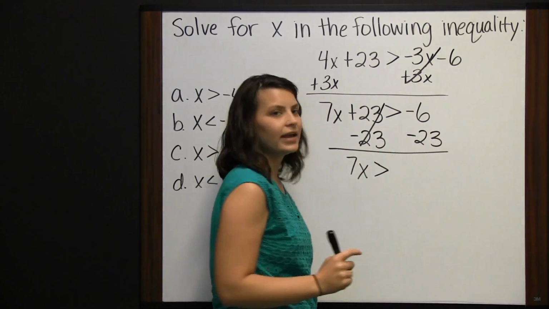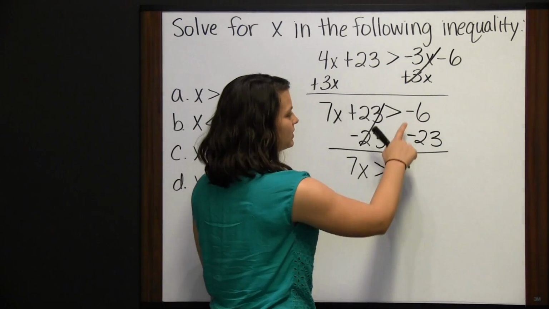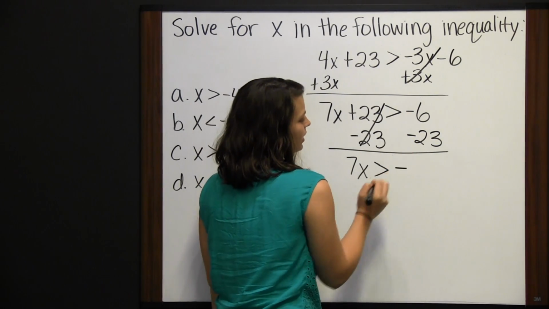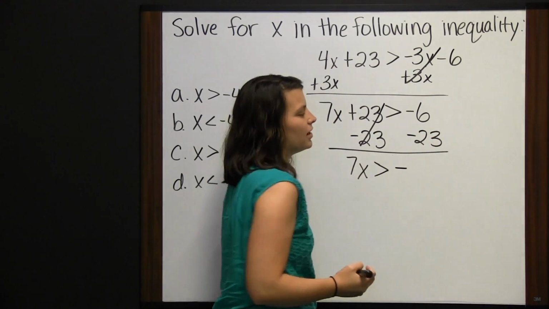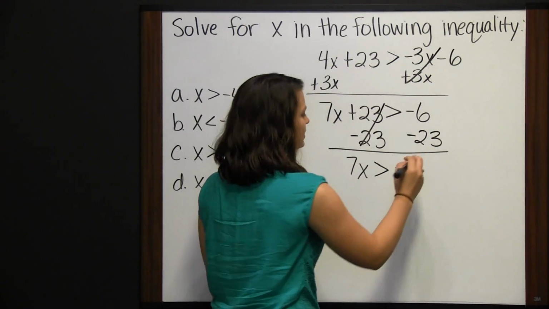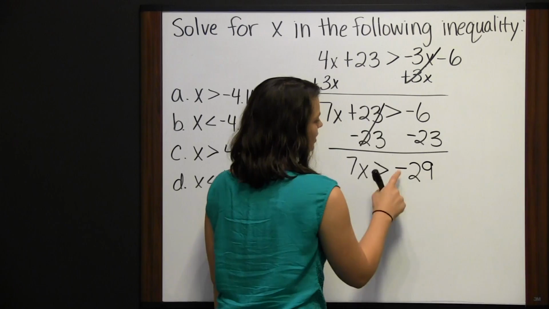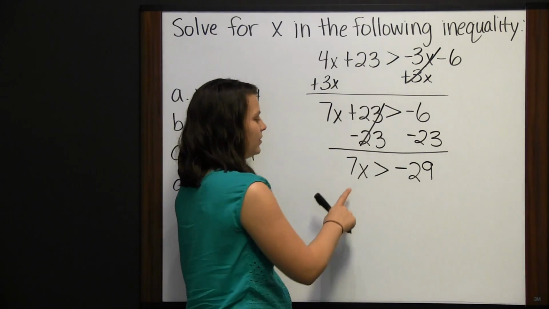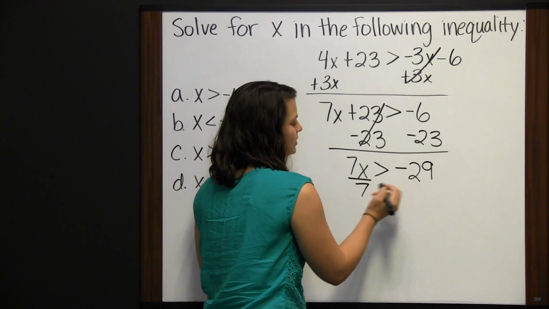Negative 6 and negative 23, they have the same signs, they're both negative, which means our answer is negative, and we just add the numbers together. 23 plus 6 is 29, so it's negative 29. Finally, we have to divide both sides by 7.